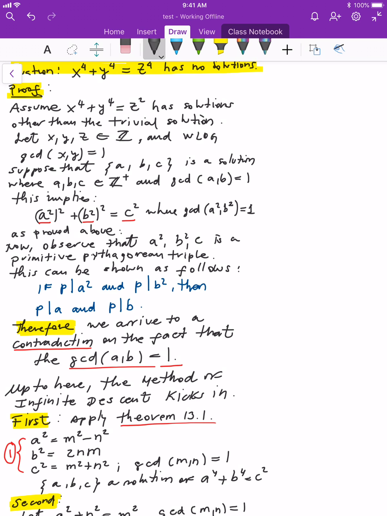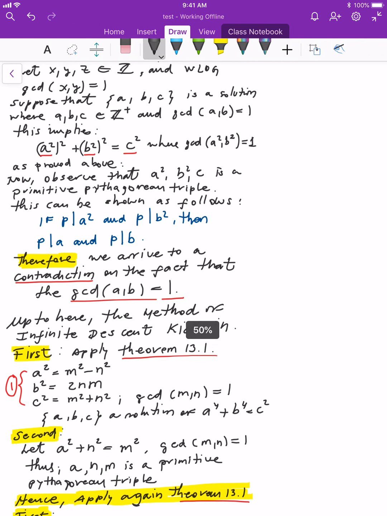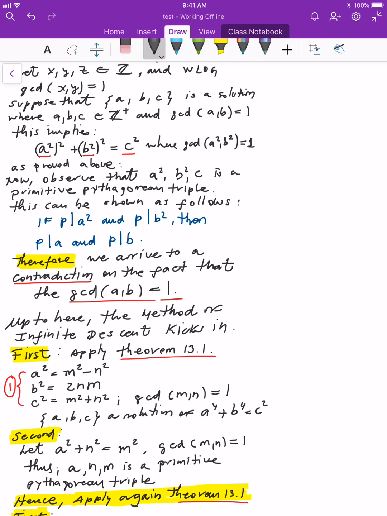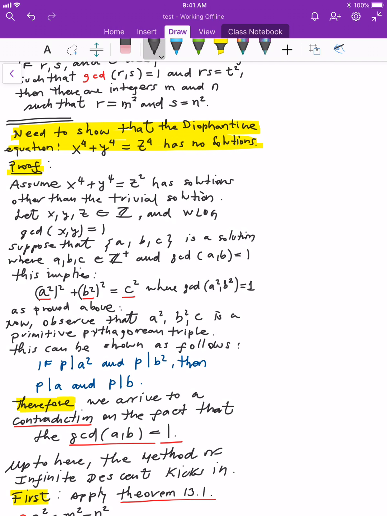Now we're assuming that x^4 plus y^4 is equal to z squared has a solution other than the trivial solution, other than 0, 0, 0. Now we're saying that without loss of generality, the GCD of x and y equals 1. Now suppose that the set a, b, and c is a solution for this equation, x^4 plus y^4 equals c squared.